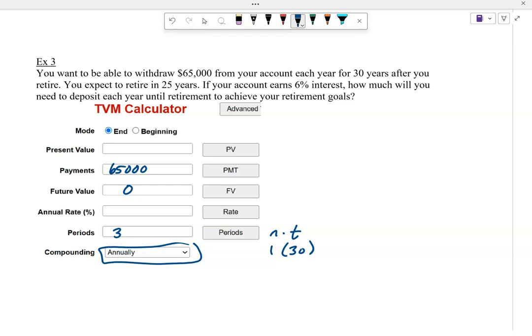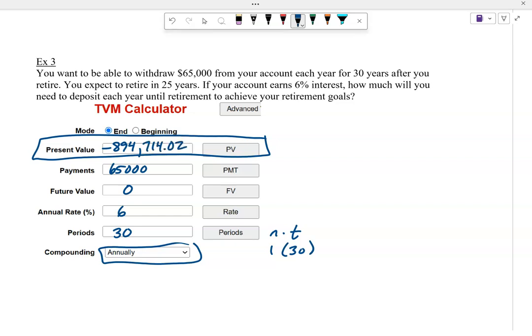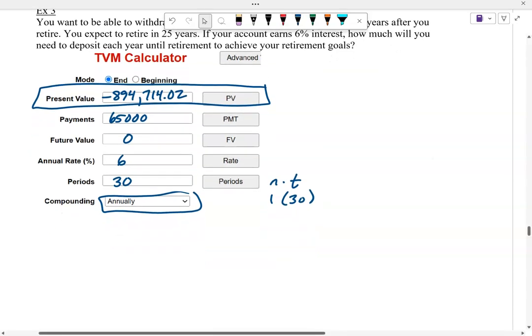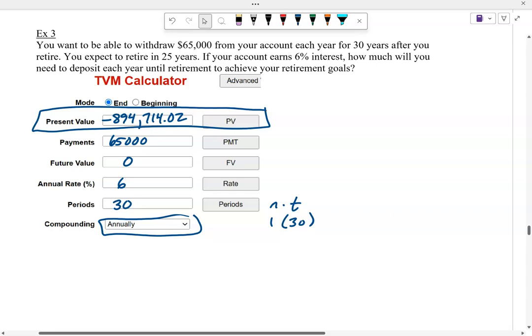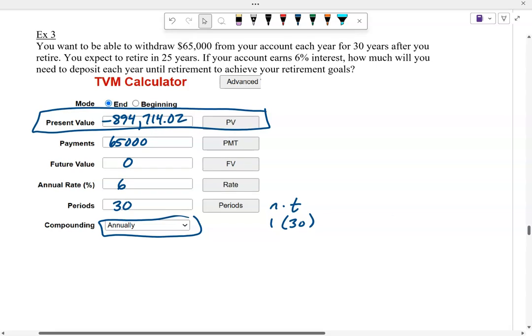I'm only getting 6% on it. So how much do I need to start with? How much do I need to have in my retirement to support my lifestyle? So it'll spit that out. All right, I need $894,714.02. So this is step one. That's how much I'm going to need.